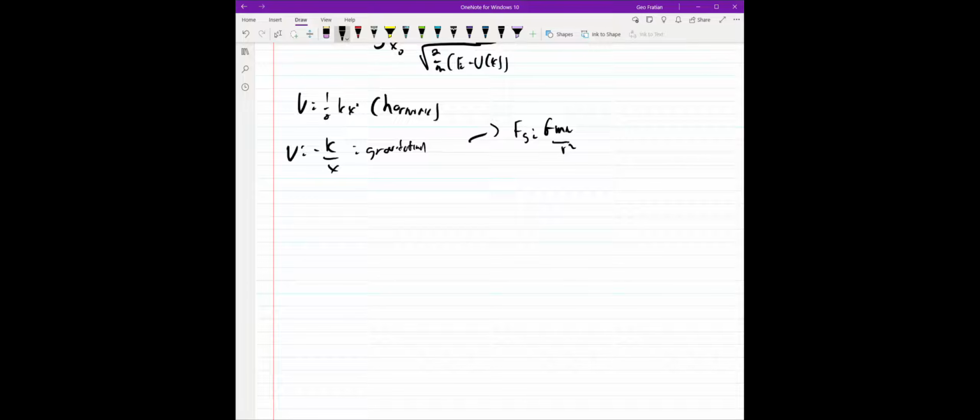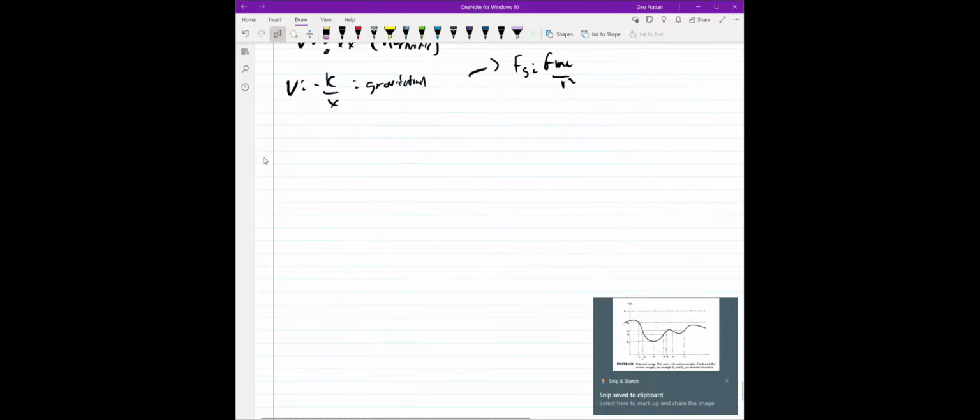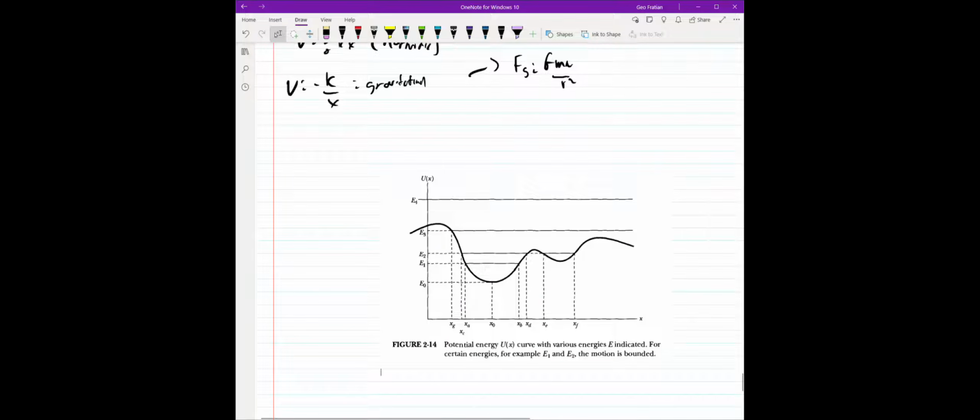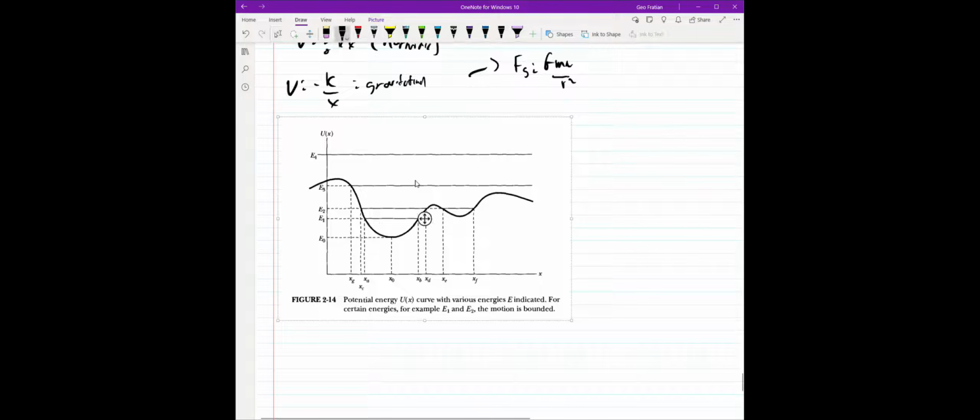Here, I'll show you a graph for some various potential energies with different values of E. Here we have our potential energy function, a scalar function again. Remember, energy is also scalar. And then we have our different positions.